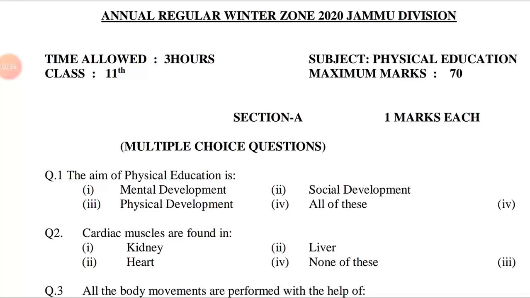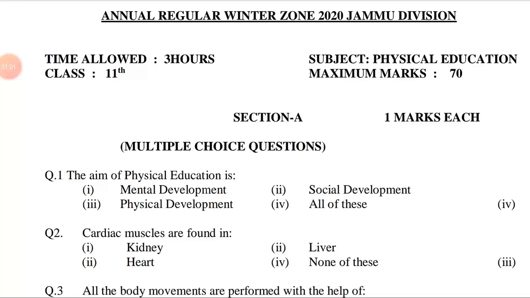Section A. Each question carries 1 marks. Multiple choice questions. Question number 1. The aim of physical education is option first mental development, second social development, third physical development, fourth all of these.